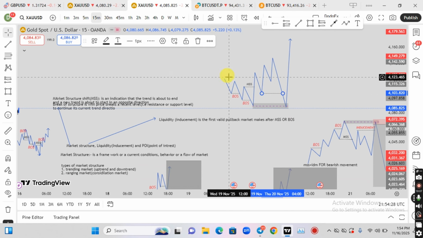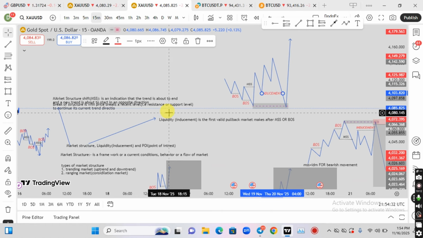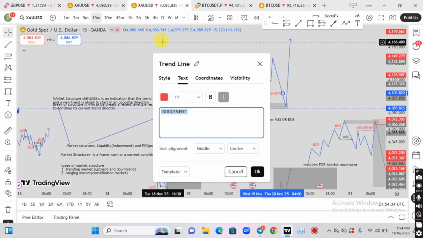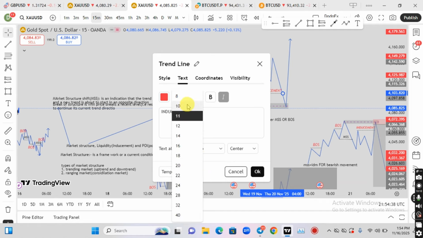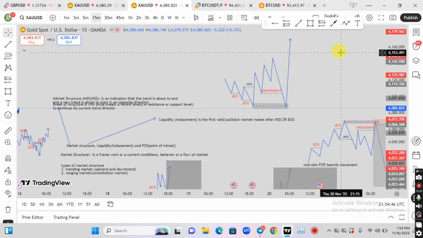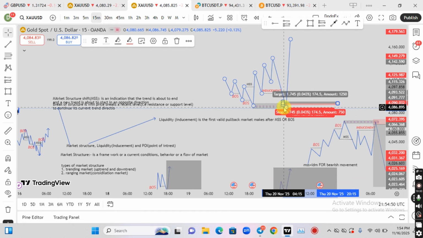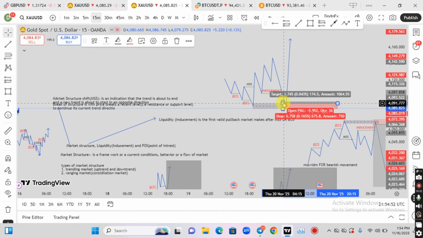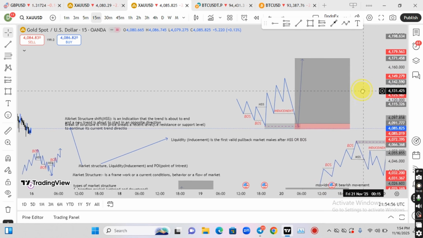So this zone here is called the IDM, inducement. Then it tapped into my entry here, and then it gave me this valid movement.